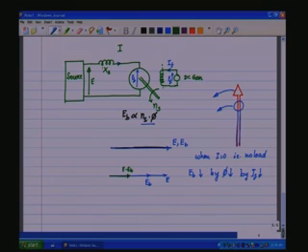This is across the synchronous reactance. Now as it is an inductive reactance, the current has to lag the voltage across the reactance by 90 degrees. And therefore I has to be like that. This is I, lagging by 90 degrees.